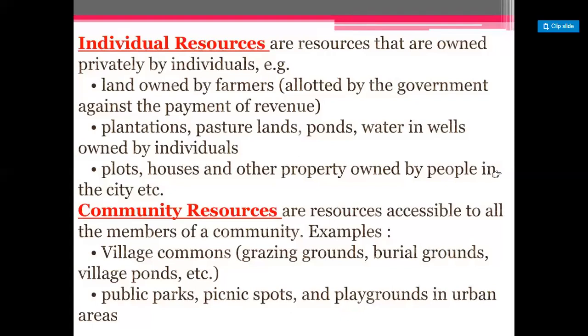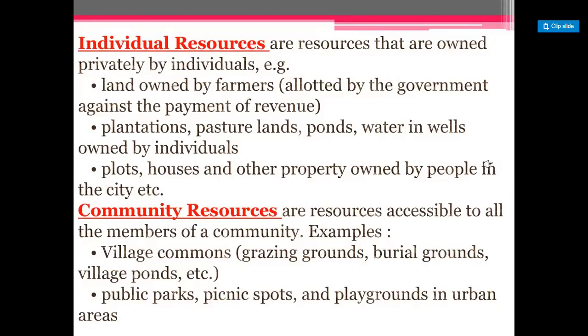And when we are talking about community resources, they are accessible to all the members of a community, whether it is related to public parks, playgrounds, or in rural areas, village commons, that is grazing land, burial grounds, village ponds, etc.